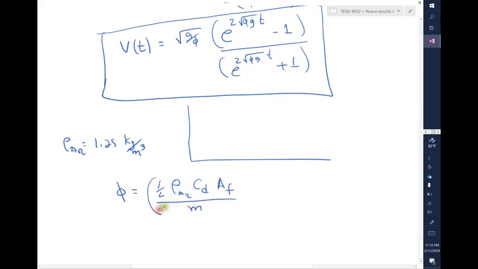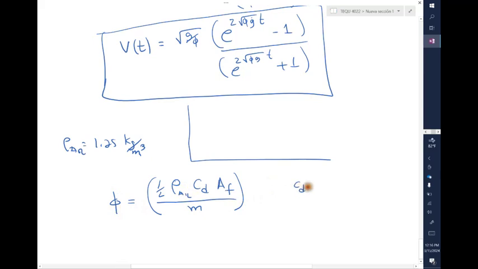And that's basically what I was saying. That's more like a constant, that's a constant.